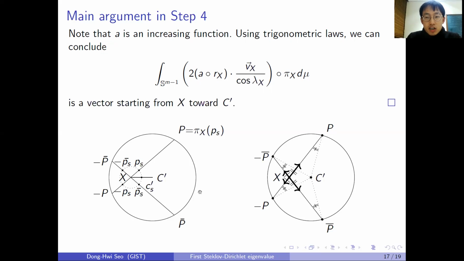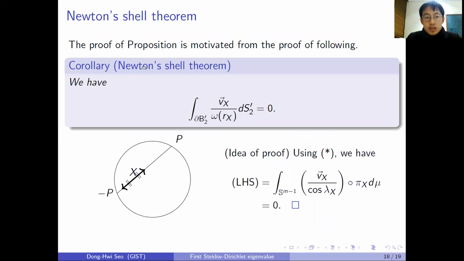And this argument of the proof comes from the proof of Newton's shell theorem. Newton's shell theorem says that the gravitational force from a spherical shell acting on an object inside is 0.